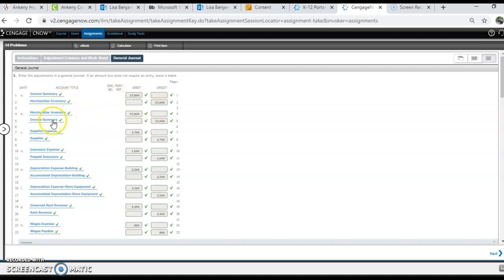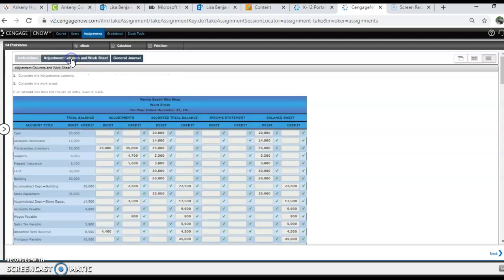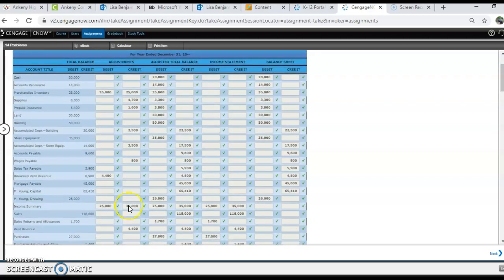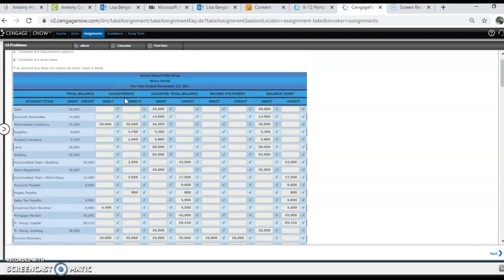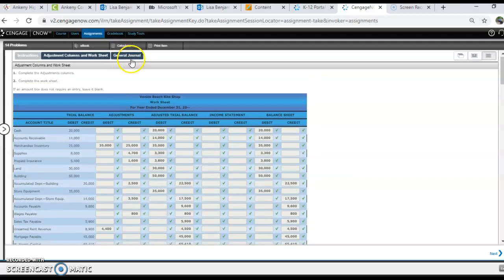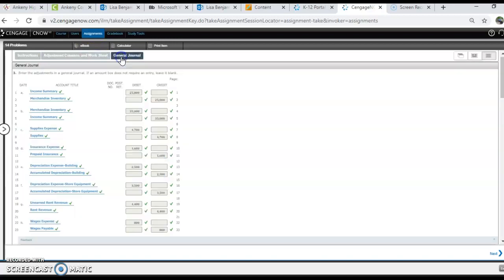The second one, the 35, notice the debit is to income summary, so that has to go first because you journalize your debit first. So that is going to be your second entry in your journal. So merchandise inventory for the 35 and the 35.